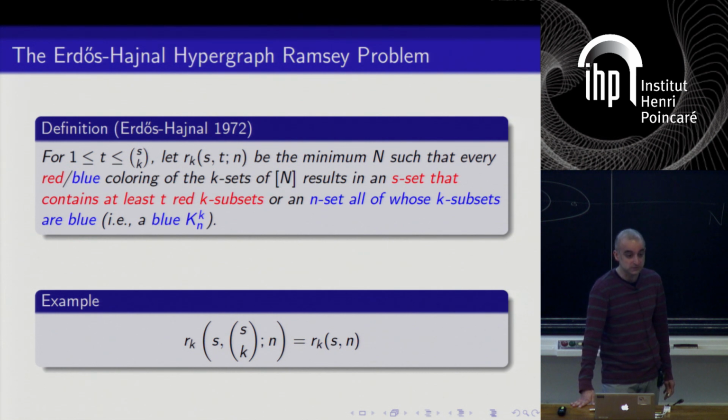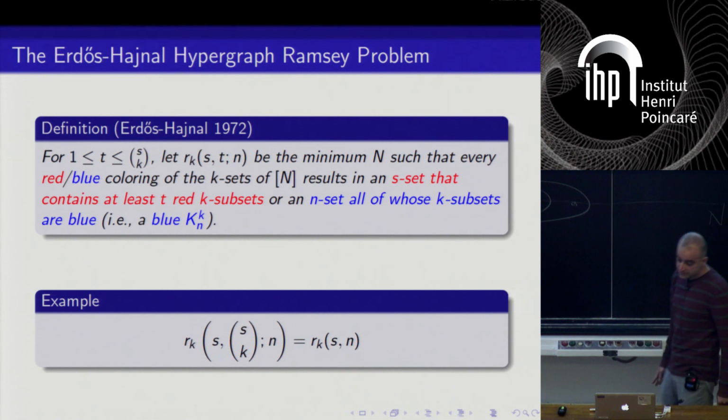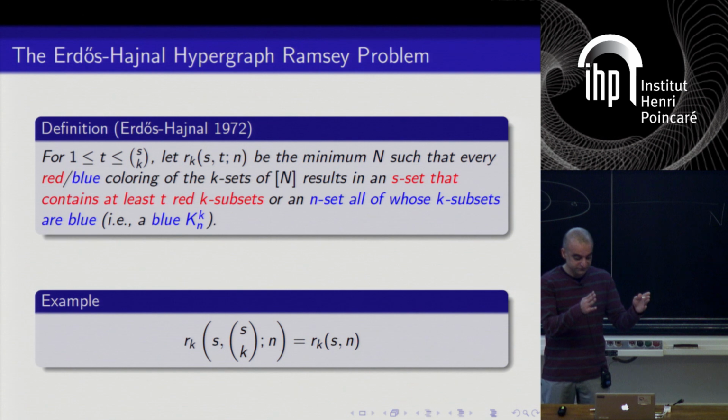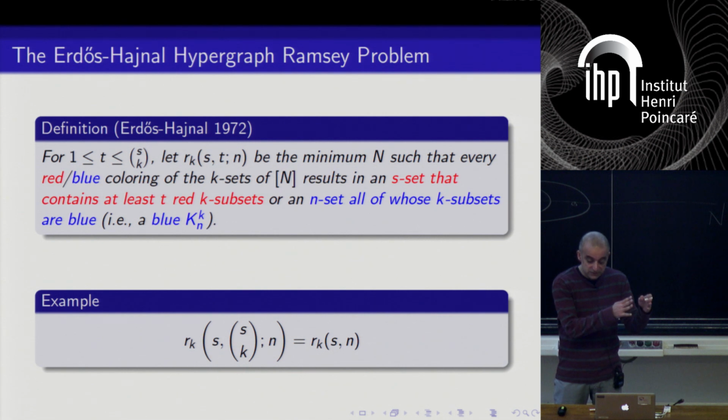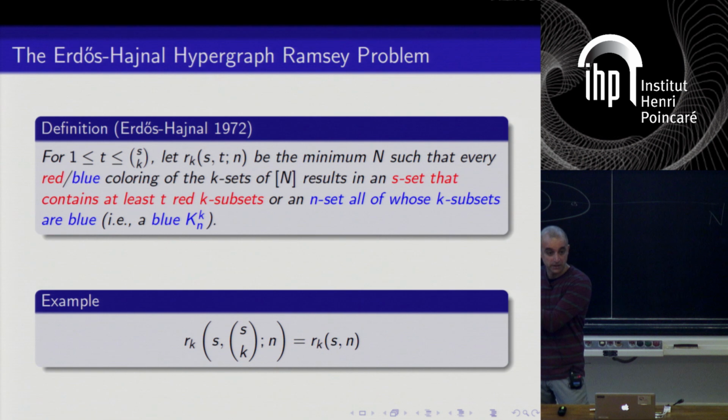And so indeed, this gives you Ramsey numbers. But the way I've written this problem, you see that there's a host of questions. Namely, you can study the behavior of this function as t increases from 1 all the way to s choose k, and ask what is this Ramsey number.